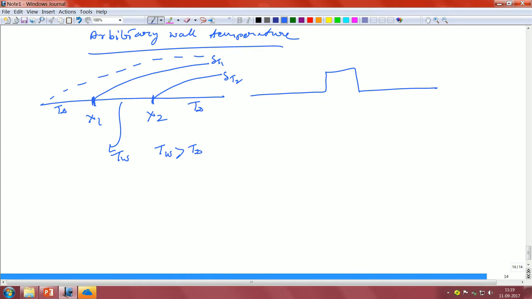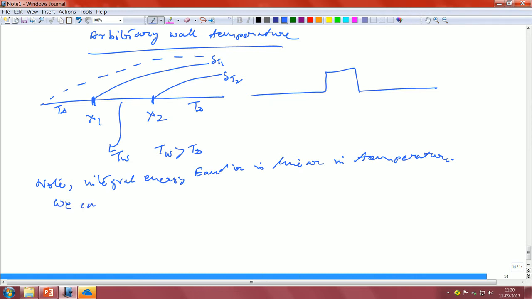You note one important thing when you solve this problem: the integral energy equation that we did is linear in temperature, isn't that so? Hence, to solve this particular problem, we can apply the method of superposition.